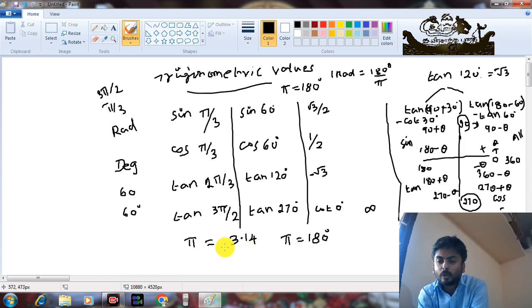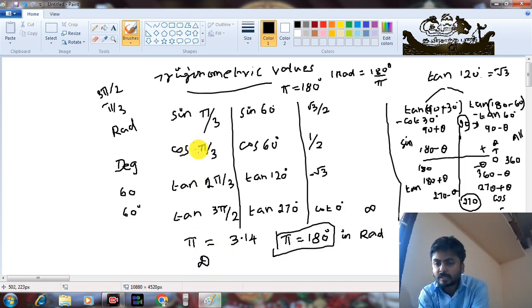So you are not supposed to use pi in degree mode. The pi will take 180 degree only in radian mode. So in degree mode the value of pi will be 3.14.